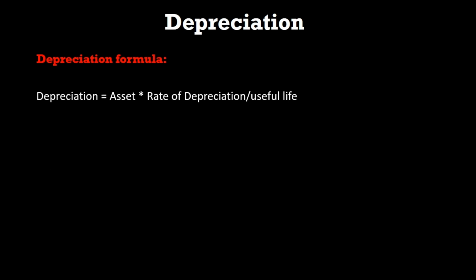Depreciation equals asset into rate of depreciation or useful life. Depreciation amount equals asset into the rate of depreciation, meaning whatever percentage, for example as per the government they gave this machinery 10%. As per that percentage we calculate on the asset value, and whatever amount comes is the depreciation amount for that year.